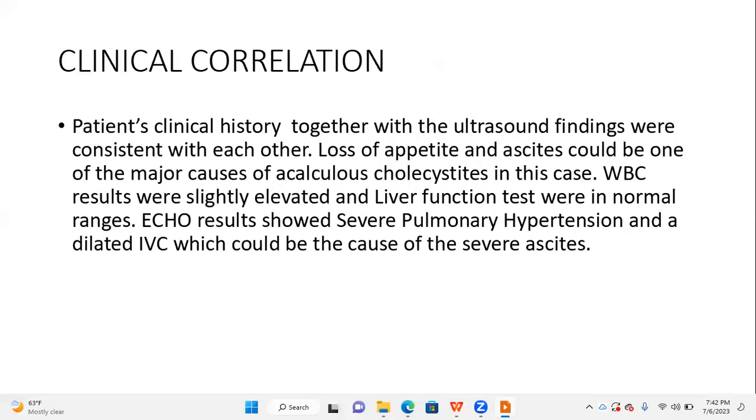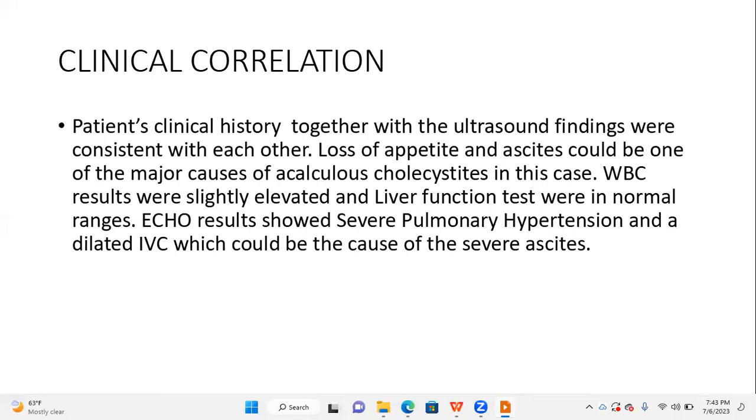So on the clinical correlation, the patient's clinical history together with the ultrasound findings were consistent with each other. There was loss of appetite, and ascites could be one of the major causes of acalculous cholecystitis in this case.